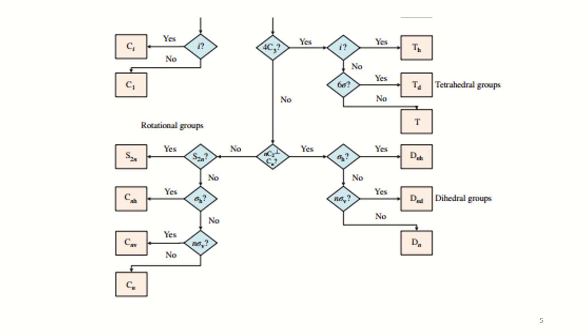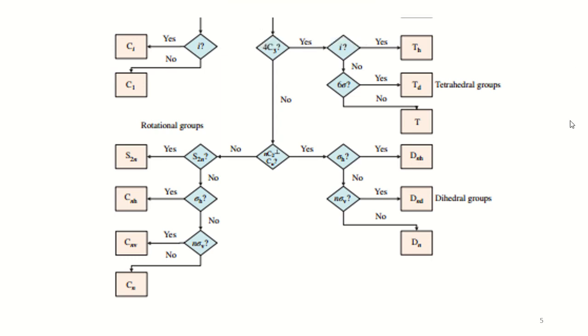If no horizontal mirror plane is present, but there are n vertical or dihedral mirror planes, the molecules will definitely belong to DND point groups.